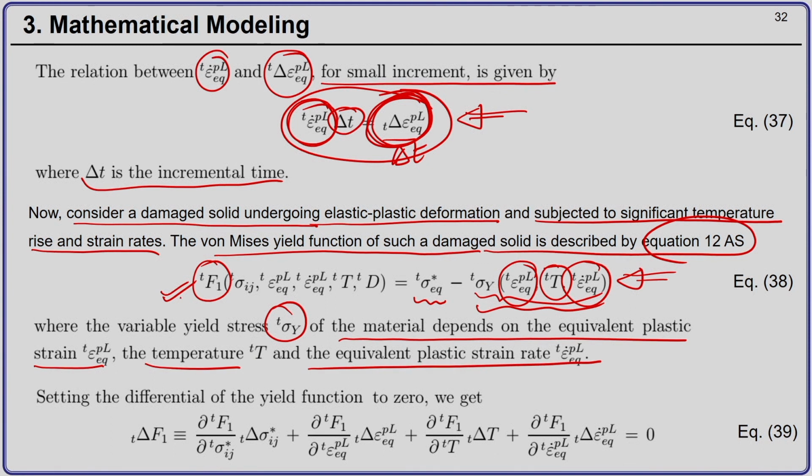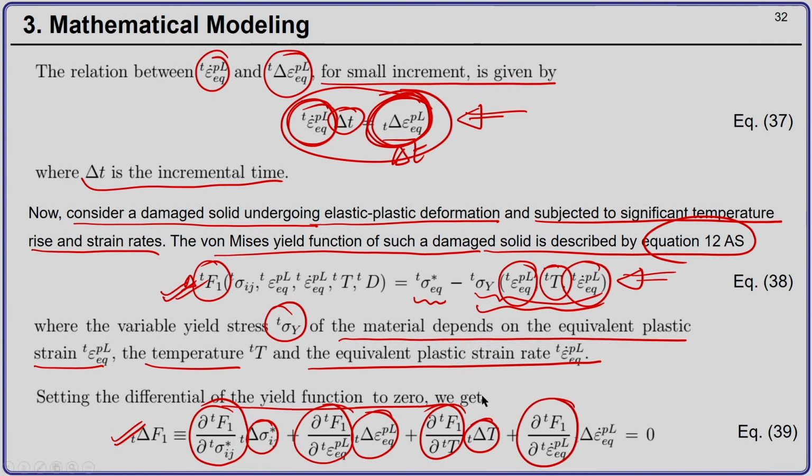Now, if we set the differential of this yield function to 0, we will get the following relation. So, delta F1 will become del F1 by del sigma star into delta sigma star, plus del F1 by del epsilon equivalent plastic into delta epsilon equivalent plastic, plus del F1 by del T into delta T, plus del F1 by del epsilon dot equivalent plastic strain rate into the incremental equivalent plastic strain rate.